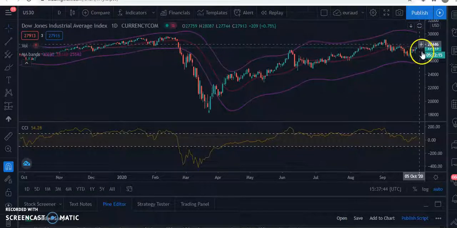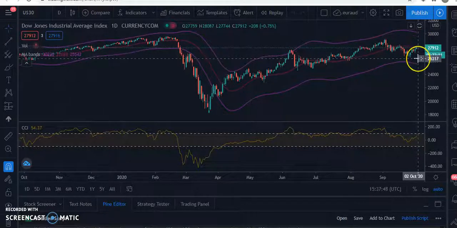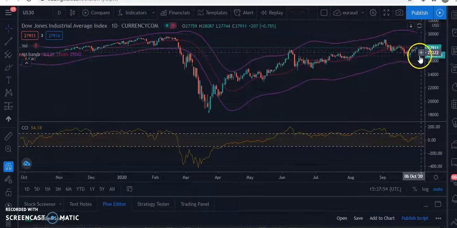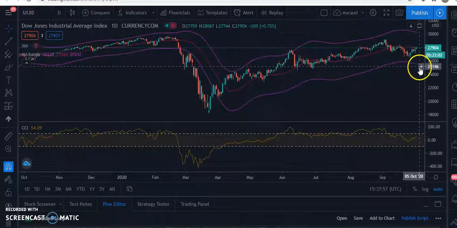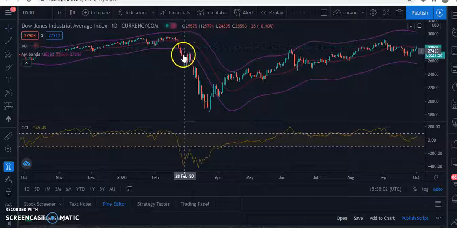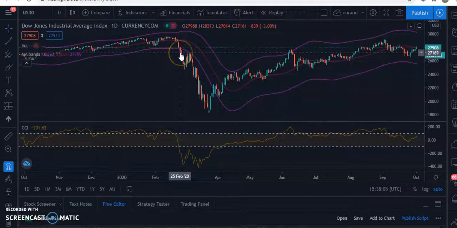So we need a very long bearish candle breaking below the lower band, for the Dow Jones below the 26,000 points, something like in this case. When we see something like this, then we know that we might trigger a short with a nice risk-reward ratio. Thank you, guys.